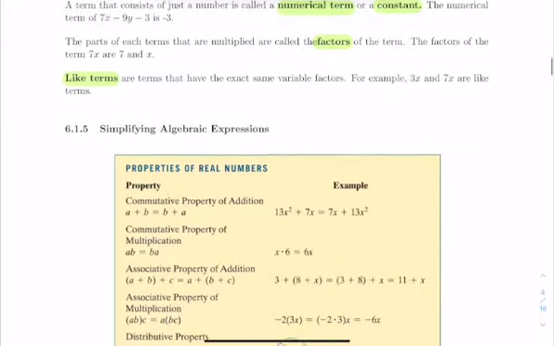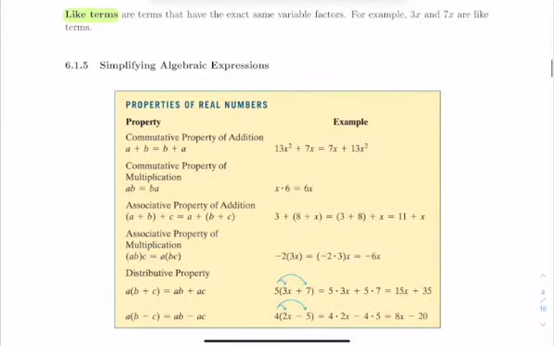So to simplify algebraic expressions, we're going to use some properties of real numbers. The commutative property of addition says that I can add anything in any order. So a plus b is the same thing as b plus a. The commutative property of multiplication is the same idea, but with multiplication.